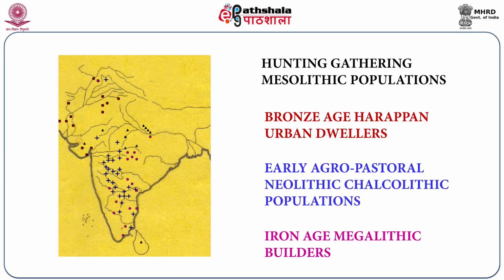These sites are distributed all across India. As you see in this map, you can see these different kinds of evidence coming from different parts of India and also in Sri Lanka.